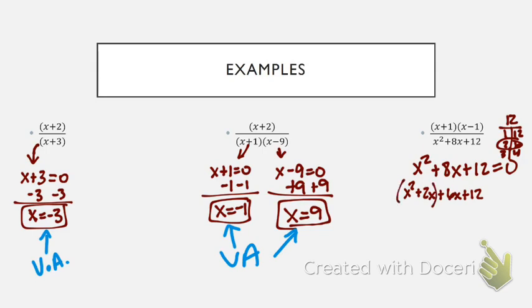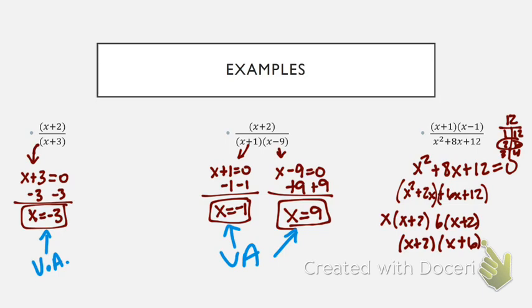We group our first 2, group our second 2. So we're going to take out what the first parentheses has in common. And if we look, both of these have an x. And when we divide that out, we get x plus 2. The second parentheses, both of them have a 6. When we divide that out, we get x plus 2. My first factor is x plus 2. My second factor, x plus 6.